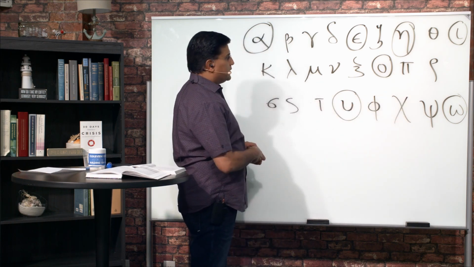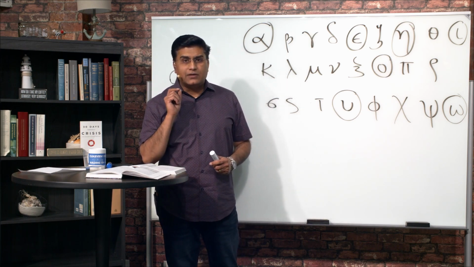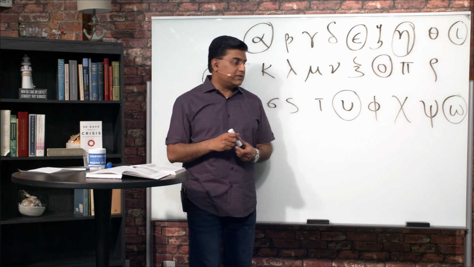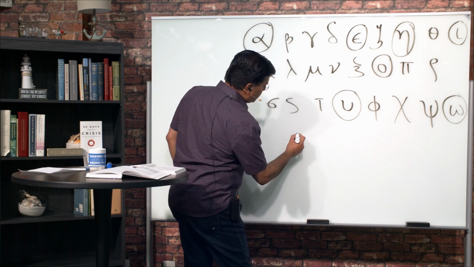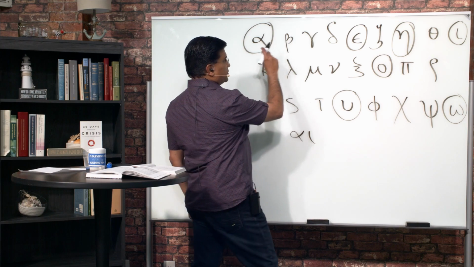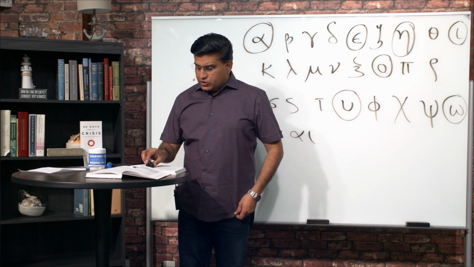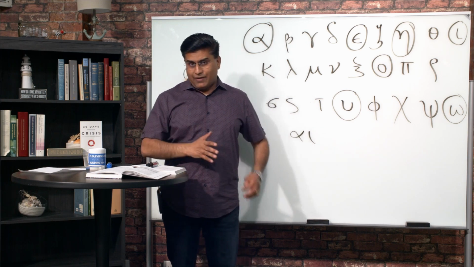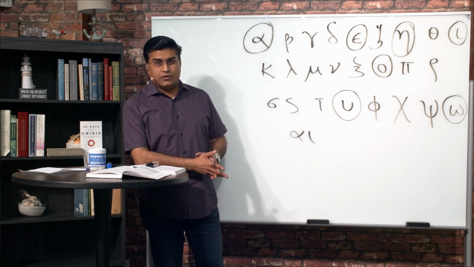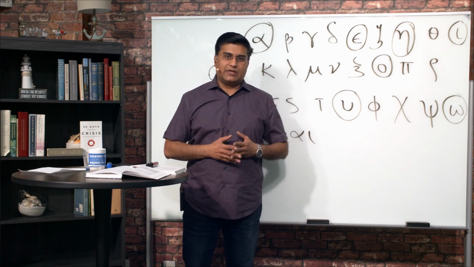Now, what happens when two of them are combined? That's a diphthong. So let's list some of them. What if alpha and iota are combined? If you remember our session on pronunciation, or if you haven't watched that session, please go and watch it, because we talk about two kinds of pronunciation.